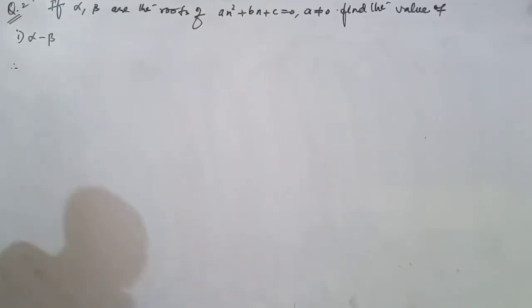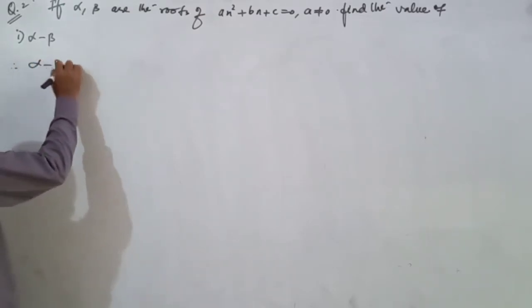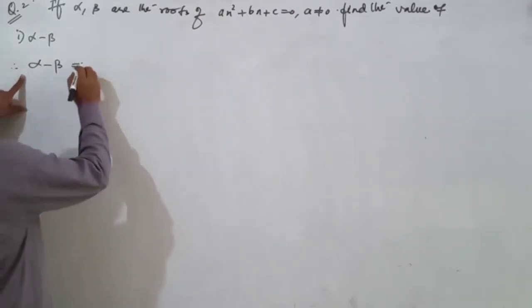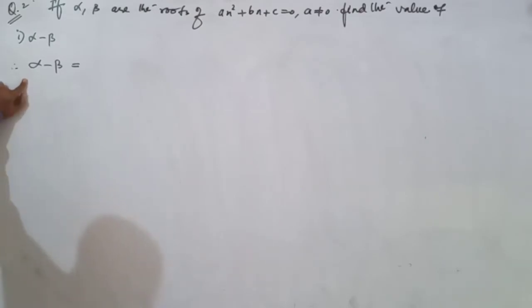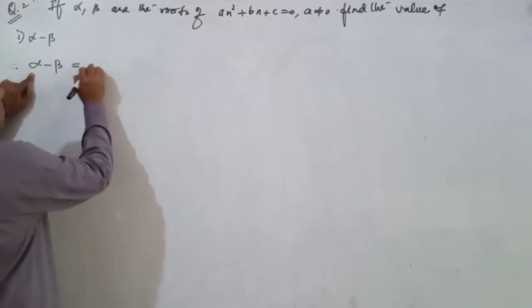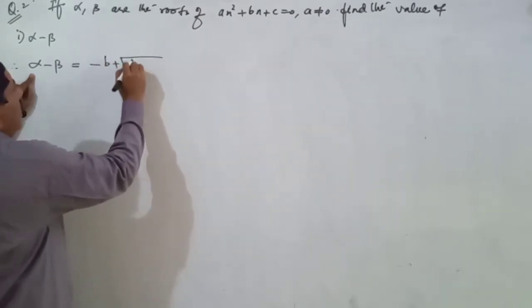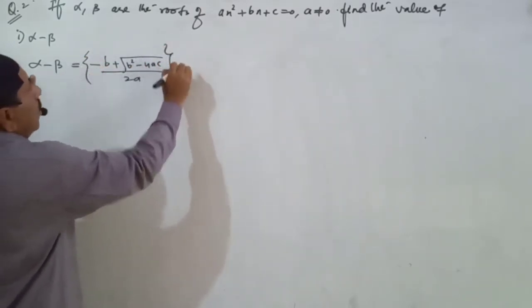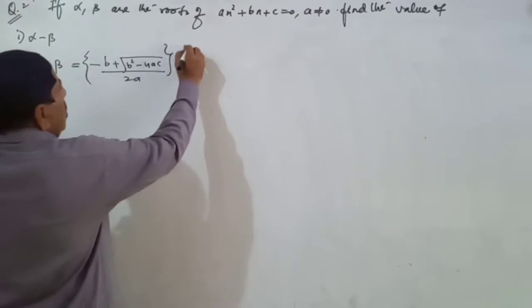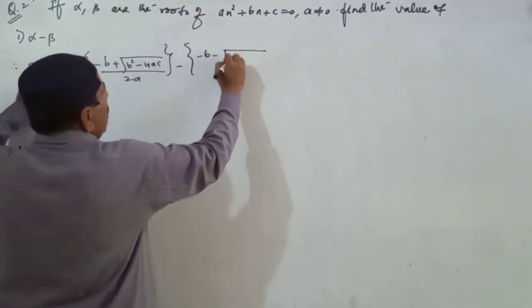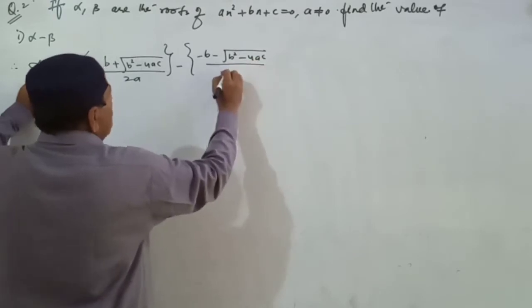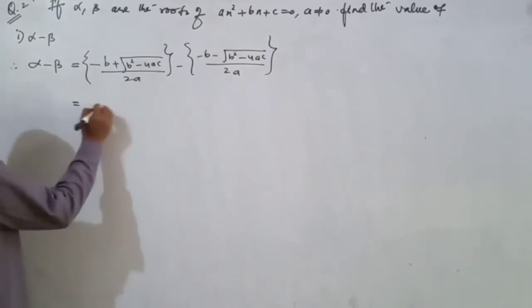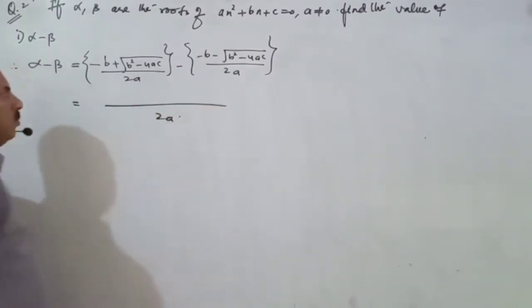Therefore, alpha minus beta is equal to the value of alpha, minus b plus radical b square minus 4ac upon 2a, minus the value of beta, minus b minus radical b square minus 4ac upon 2a. This is the value of alpha minus beta. So 2a is the LCM.